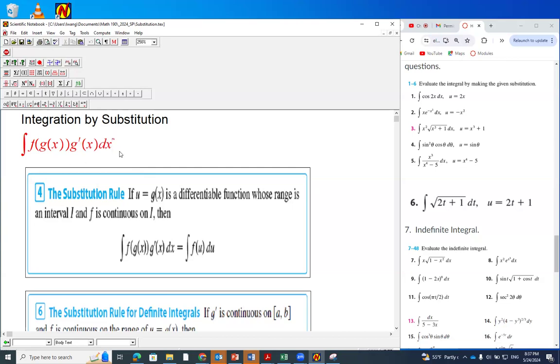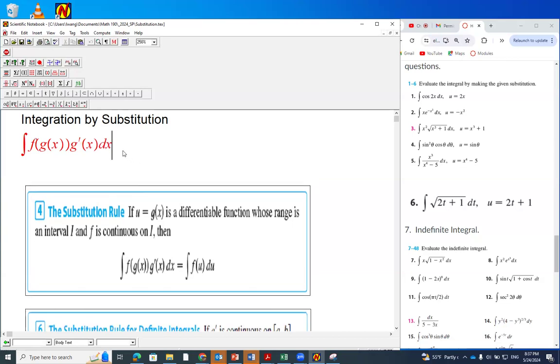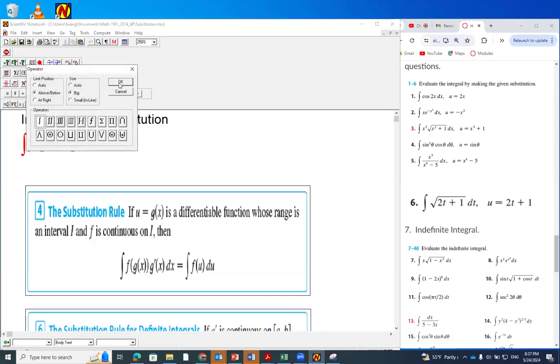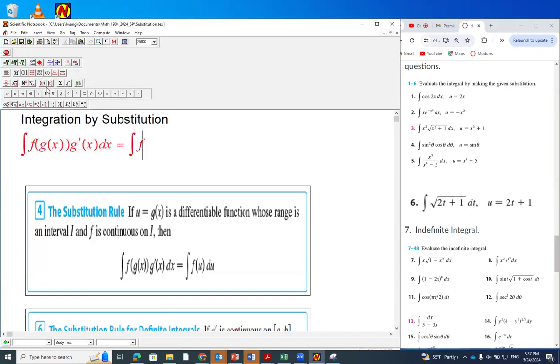If we have this situation, we can substitute g by u, so f of u. So here I'm going to write it: u is g of x.